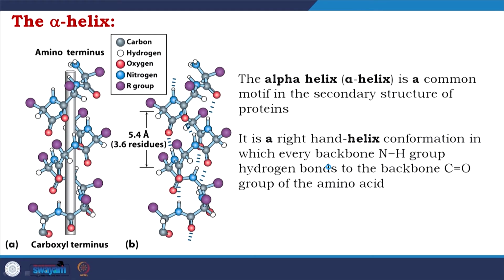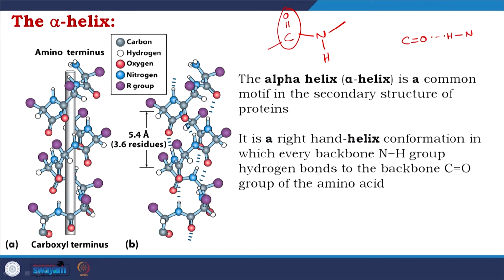It is a right hand helix conformation in which every backbone NH group hydrogen bonds to the backbone C double bond O group of the amino acid. So, if you remember, when you have a peptide bond, you have this. So, this is the CO, the CO hydrogen bonds to NH, definitely not the adjacent.